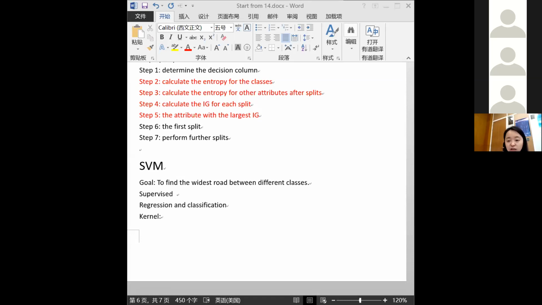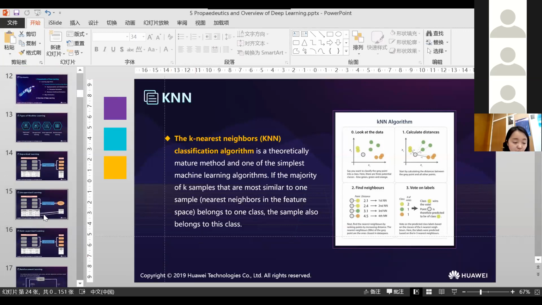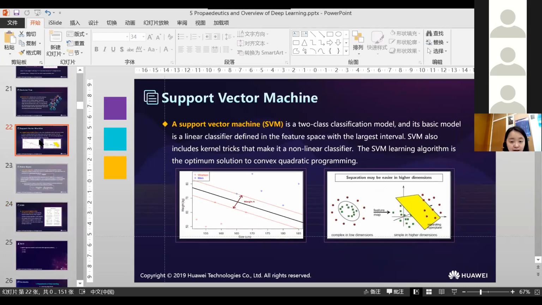Why do we call it support vectors? Maybe we can have a view to decide the classification boundary of these two classes. Only the samples on these two red lines matter.